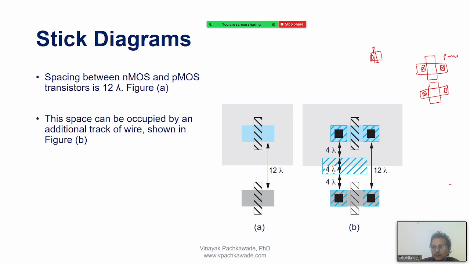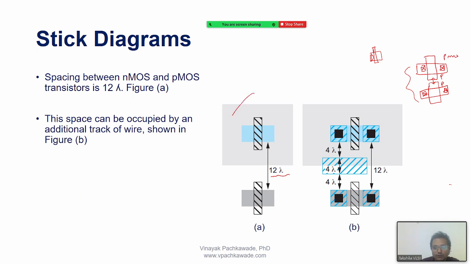So the polys are coming together, poly of NMOS and poly of PMOS. Will it work? No, there is also a rule for that. It says that minimum 12 lambda should be followed for this particular technology. For another process there will be another rule.